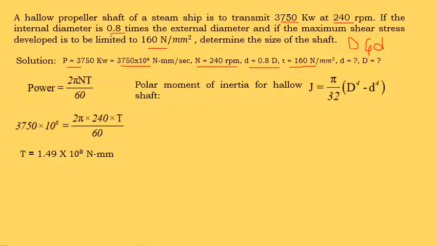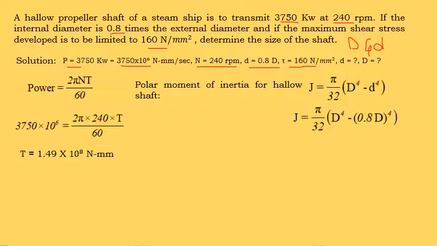Next we are going to find the polar moment of inertia. For hollow shaft, the polar moment of inertia equation is J is equal to pi by 32 into capital D to the power of 4 minus small d to the power of 4.